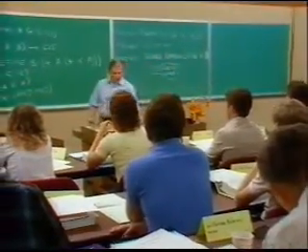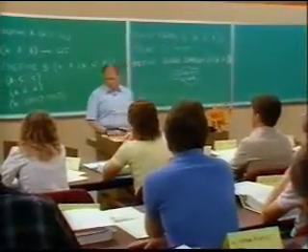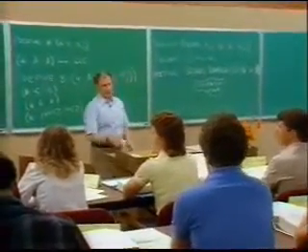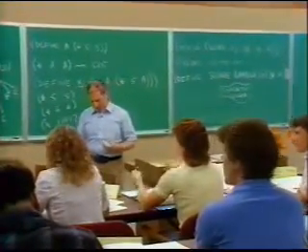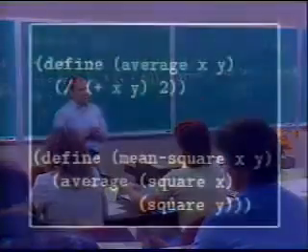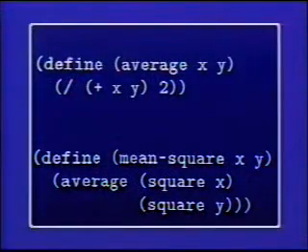Okay, let's look at two more examples of defining. Here are two more procedures. I can define the average of x and y to be the sum of x and y divided by 2. Or having had average and square, I can use that to talk about the mean square of something, which is the average of the square of x and the square of y.